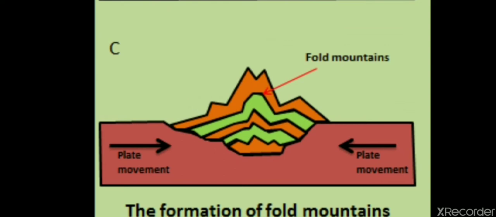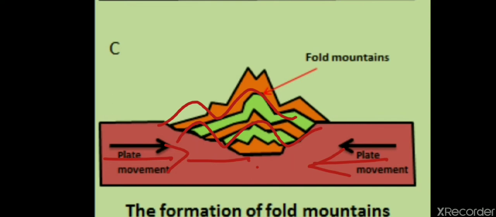As you see in this map, when the two plates pushed each other, the sedimentary rocks lying in the Tethys started to fold, and in this way the Himalaya formed, and because of that it is also known as young fold mountains. So in this way we learned how the Himalaya was formed.